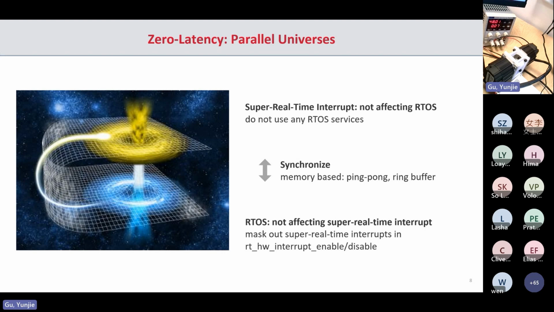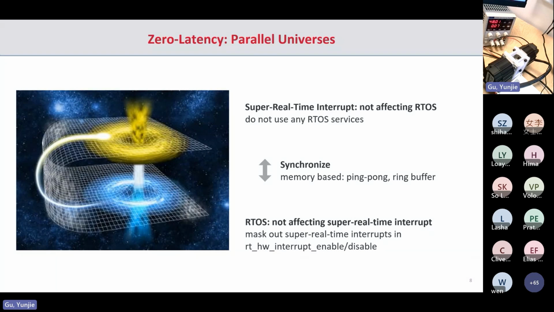We have to keep in mind that during the super real-time interrupts, we can't invoke any RTOS services, so as not to corrupt the context switching process. We keep the context switching intact, and we just run the interrupt service routine without touching the RTOS. After the routine is finished, you give the control back to the RTOS. So they are like two parallel universes.